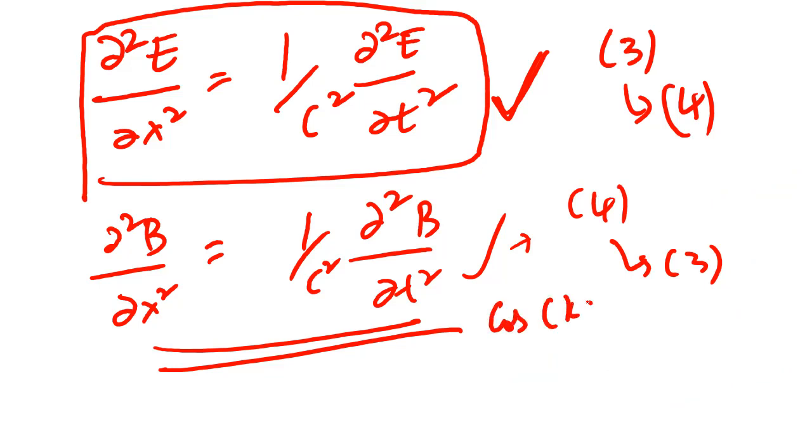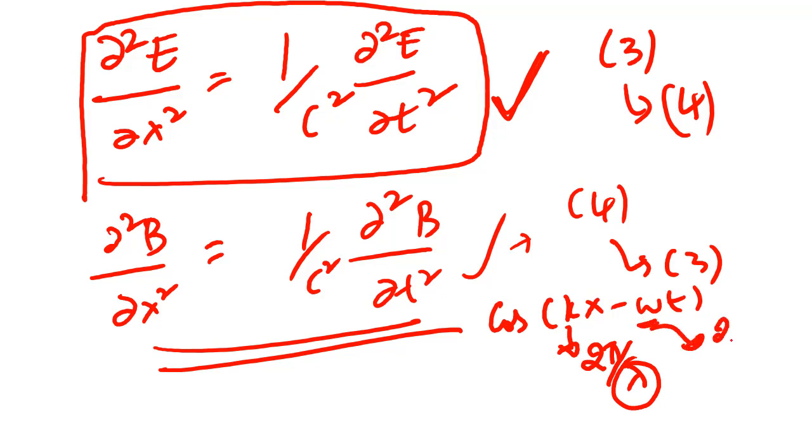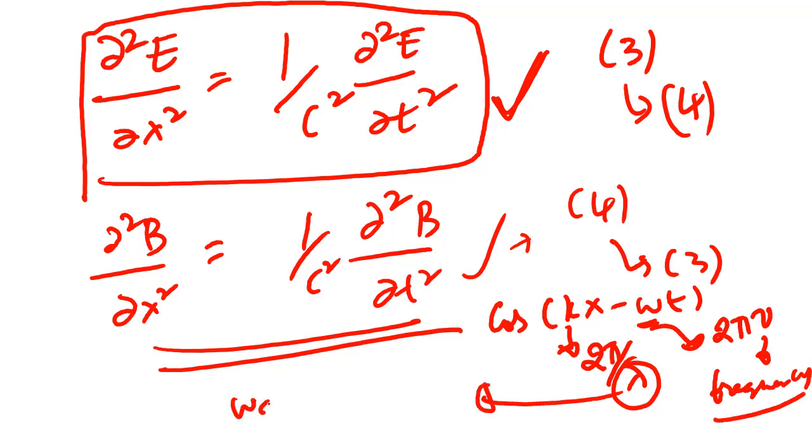In cosine(kx minus omega t), this k is essentially 2 pi by lambda, where lambda is the wavelength, and this omega is 2 pi nu, where nu is the frequency, right? So this lambda is the wavelength of light, and nu is the frequency of light. So that's where the Maxwell's equations, the wave equation of light, comes from, right? Okay.